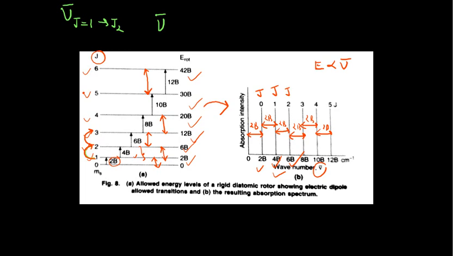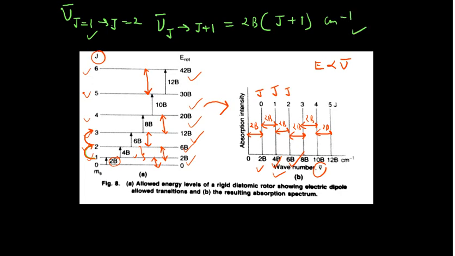Nu bar for J going to J plus 1. Here it was 1, here it was 2, so I can correct it. Here it is 2. So it is J going to J plus 1, and that would be equal to 2B times (J plus 1). It is in centimeter inverse. This was the formula which you will use.